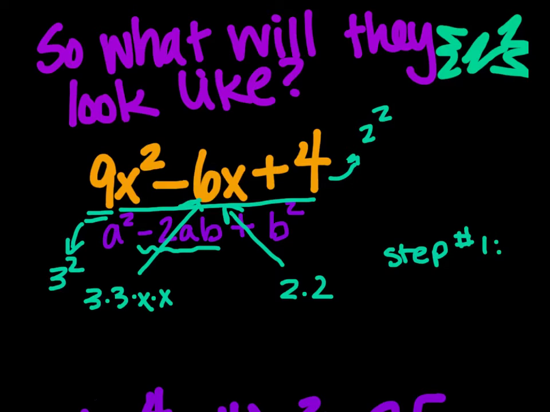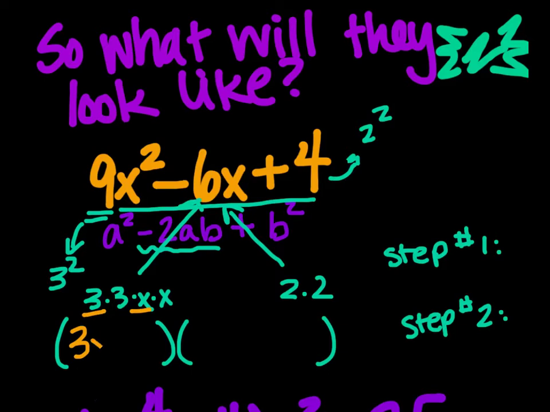So step 2 of our process is writing this out as two binomials. We take one of each of our terms. We have a 3 and an x as our a. We have a 2 as our b. And we have a minus sign here, so I'm going to put a subtraction sign.